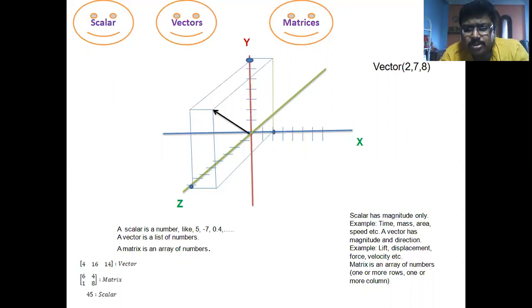Now, what is a vector? A vector is a list of numbers, but it has a direction. A vector has a magnitude and also a direction.